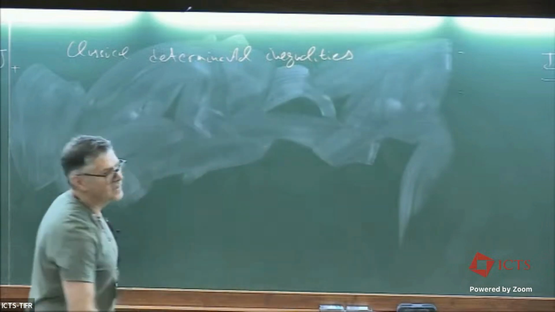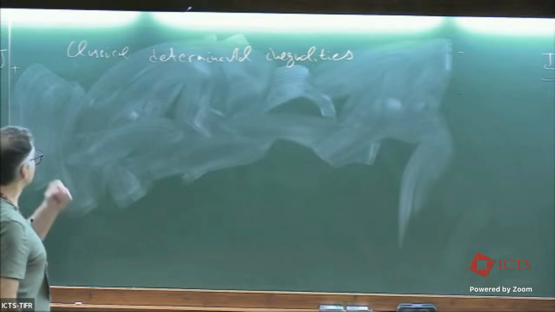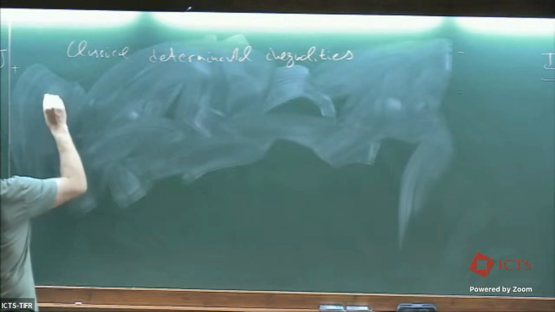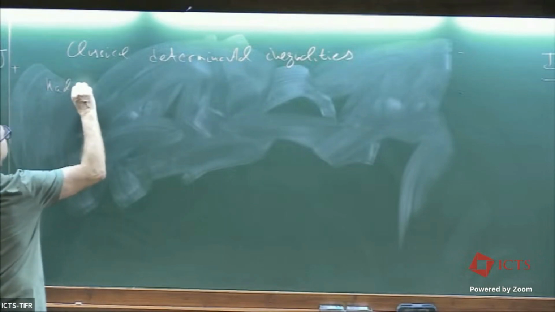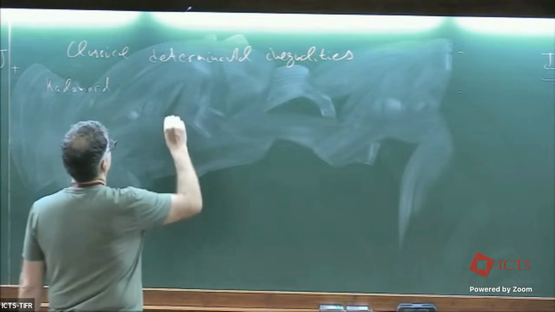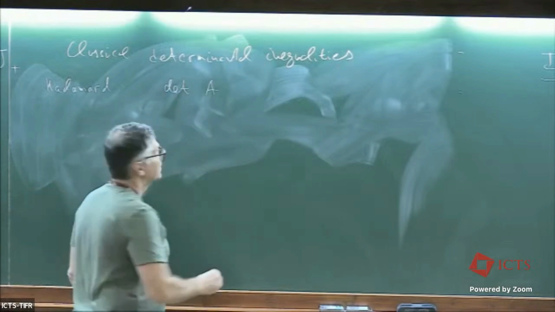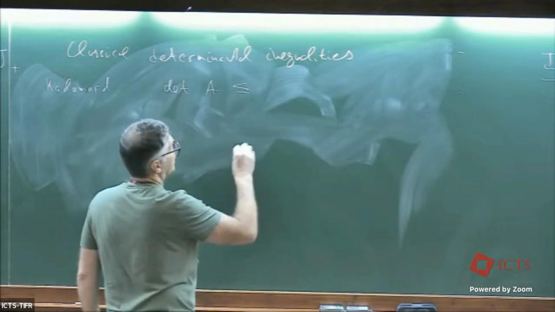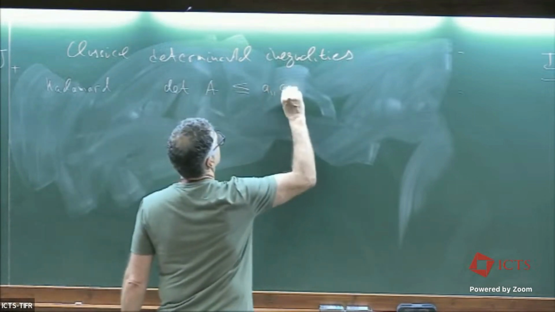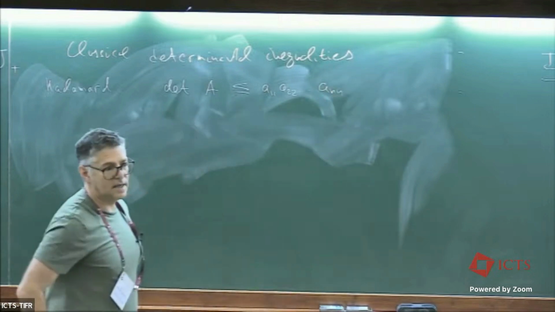Okay, so I may confuse the names of them, but there are people here to correct me. So I think one is due to Hadamard, saying that the determinant of A is less or equal than the product of diagonal elements.